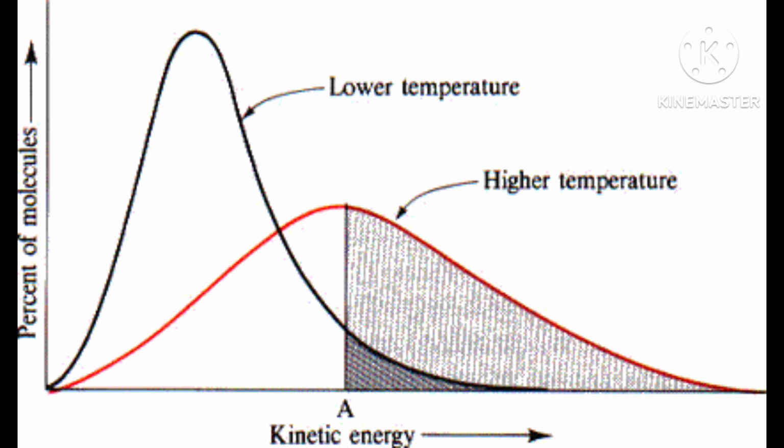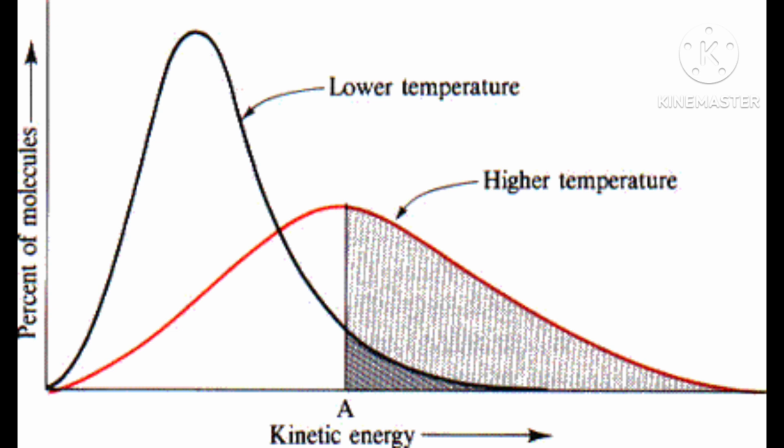Then by the plot you will find that the number of students whose energy is more, running fast, is less.